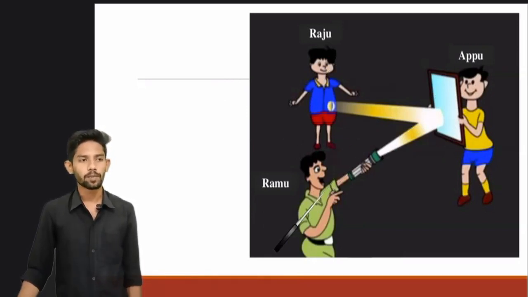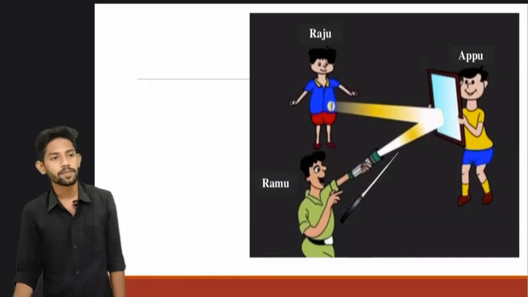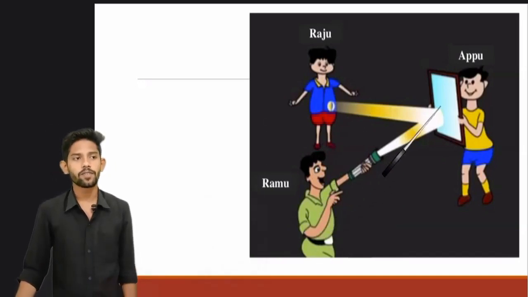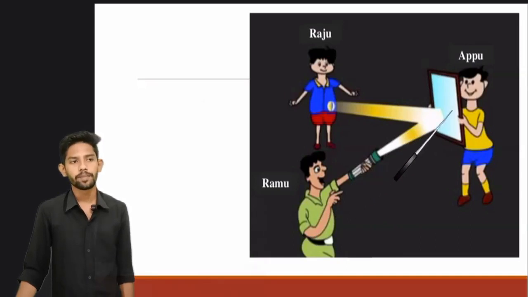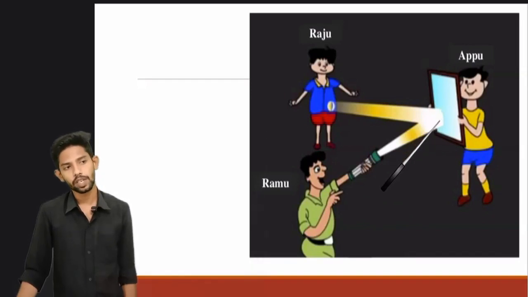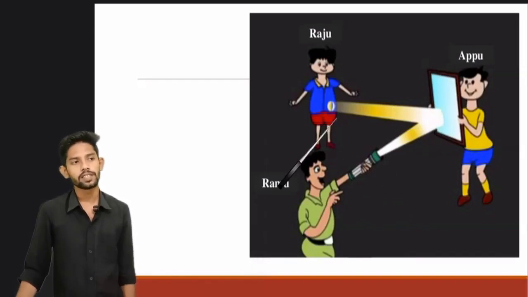If Ramu switches on the torchlight, it falls directly on the mirror, right? Look here, the torchlight is falling on the mirror, and it reflects, meaning the light goes and falls on this man Raju.